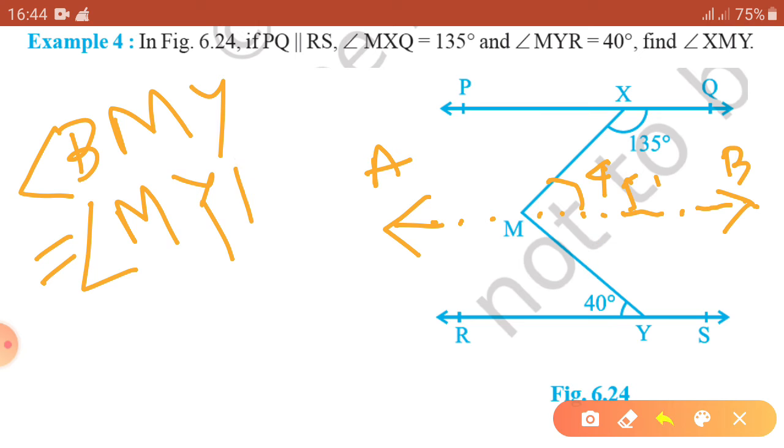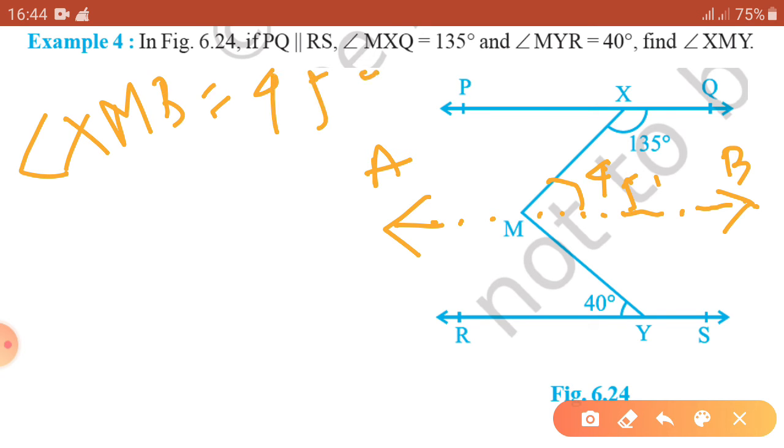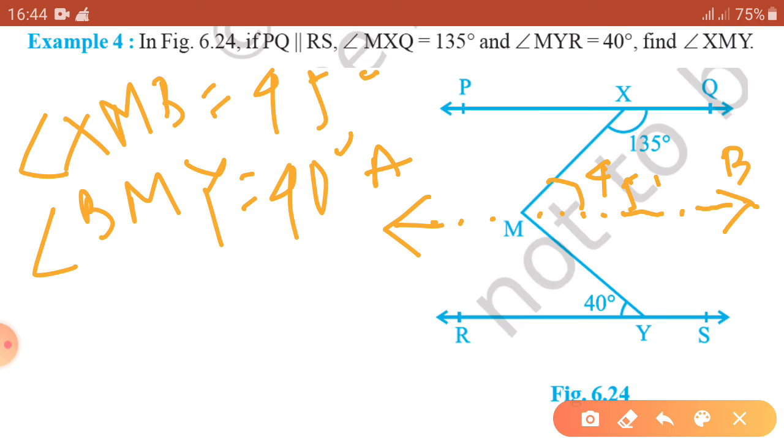So we got two equations from this figure. Equation number 1 is XMB equal to 45 degrees, and equation number 2 is angle BMY equal to 40 degrees.